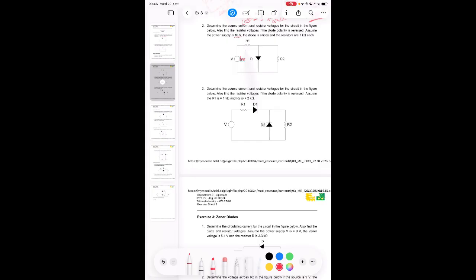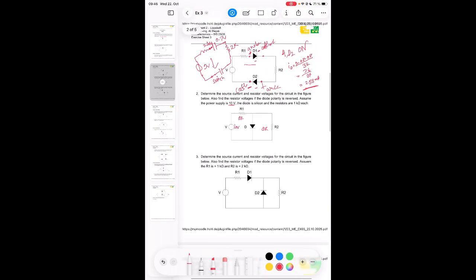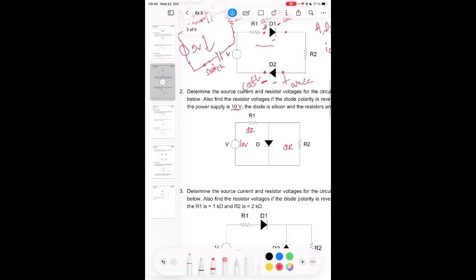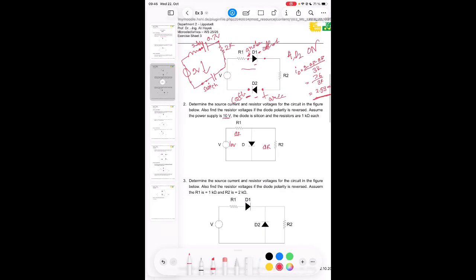We need the source current and resistor voltage in this case. What's the first thing to do? What we discussed at the beginning: see if the diode is on or off. Yes. Decide, guess, approximate, whatever you would like to call it.